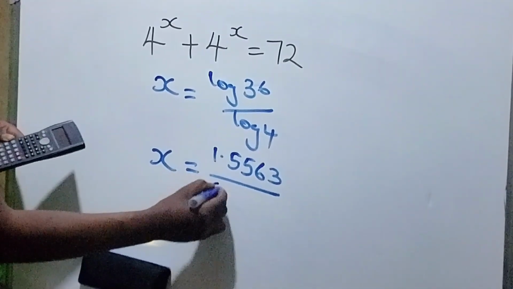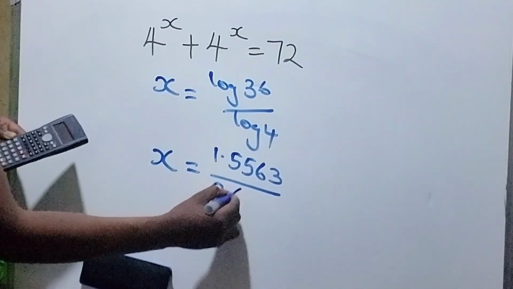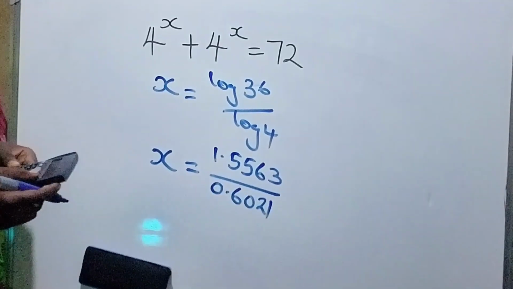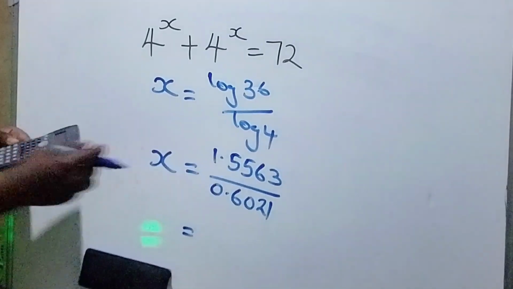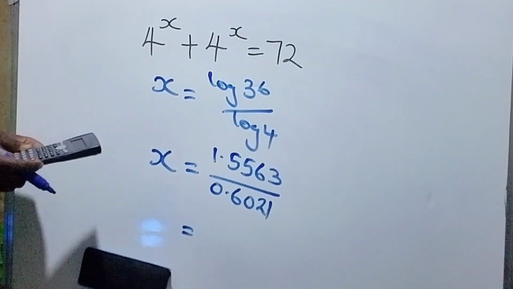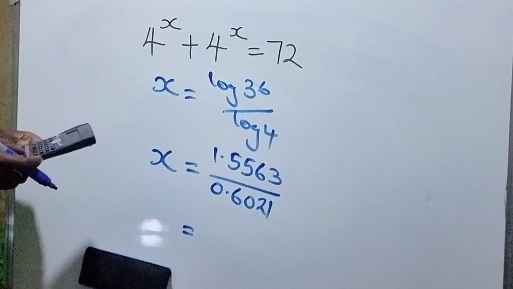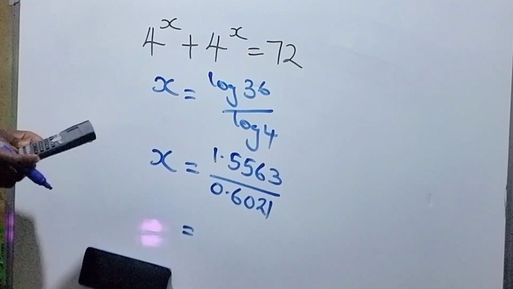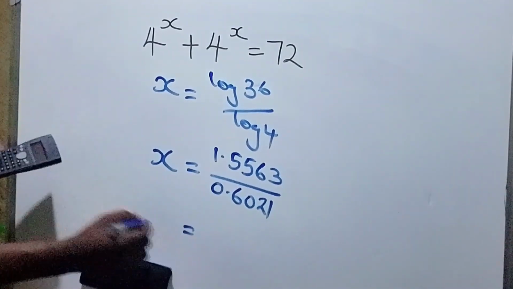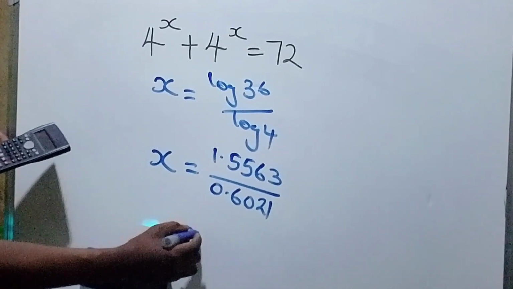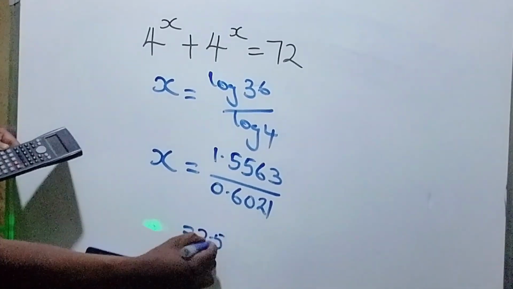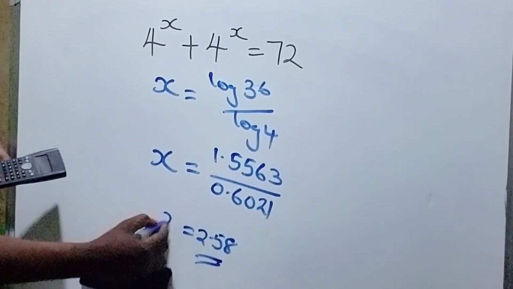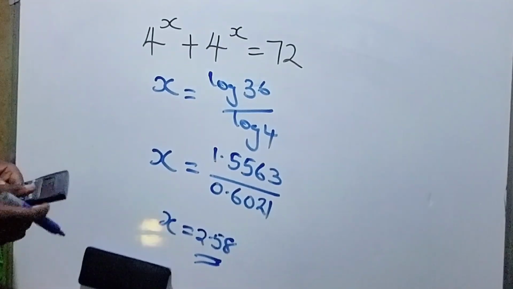Log 4, that is 0.6021. Now when you divide 1.5563 by 0.6021, it will be x is equal to 2.58. That's x is equal to 2.58.